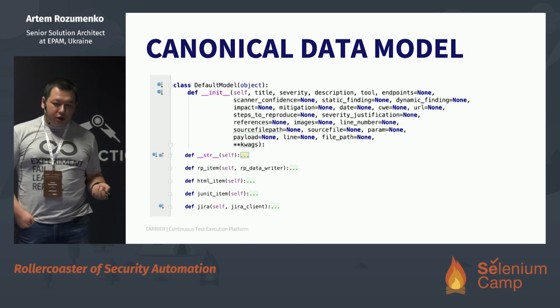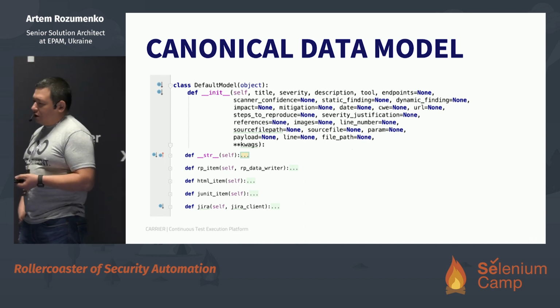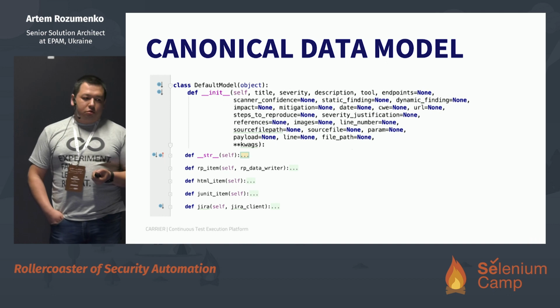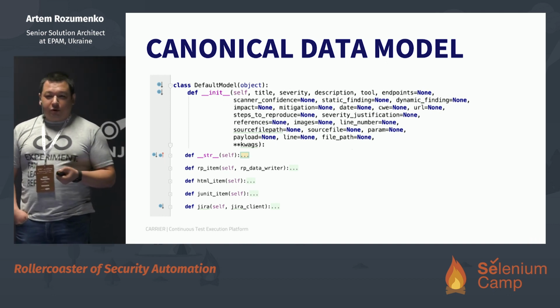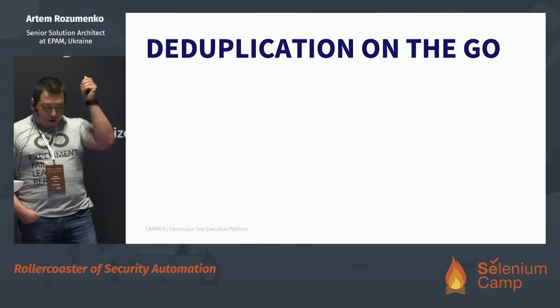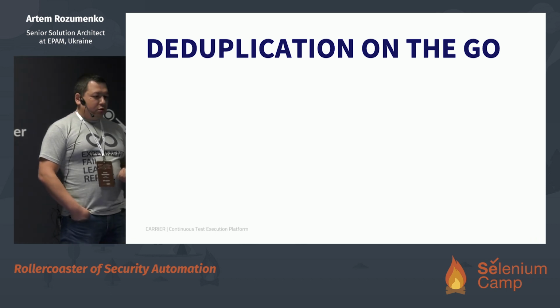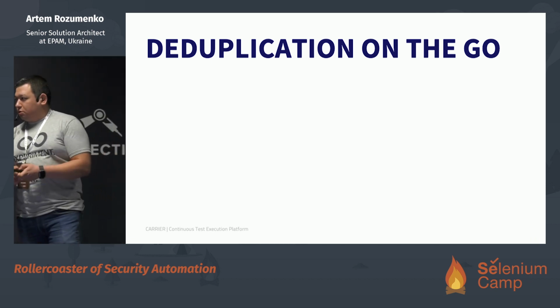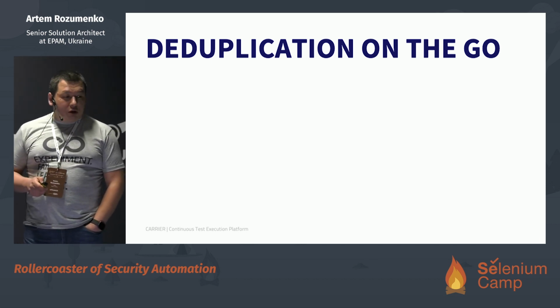We borrowed that approach from OWASP Defect Dojo, which is a kind of weird product, but they have code which we could borrow and now we are extending it. We borrowed yet another approach from them. They call it deduplication on the go, which doesn't work pretty well, but we tuned it up and now it actually works.